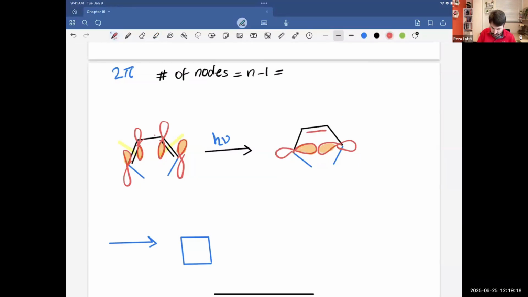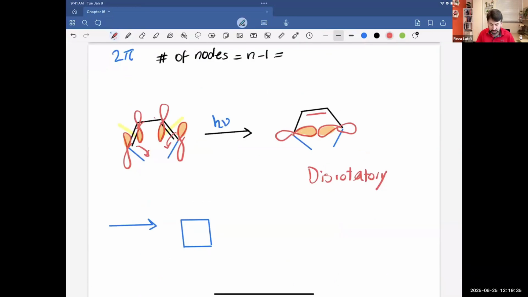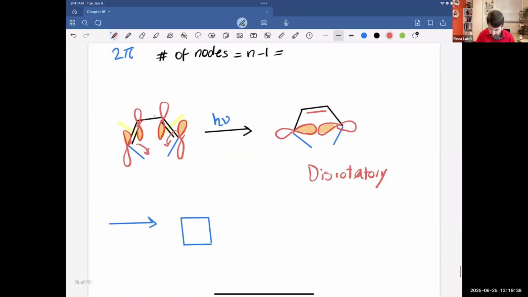Okay. I'm going to move this group to the right side, clockwise, and that one will be counterclockwise. So I will have this disrotatory. And the previous one also was disrotatory, because we have only 2 pi bonds. And what will happen with the methyl? This methyl will go down, and we are moving this one in this direction. So that methyl also will go down.